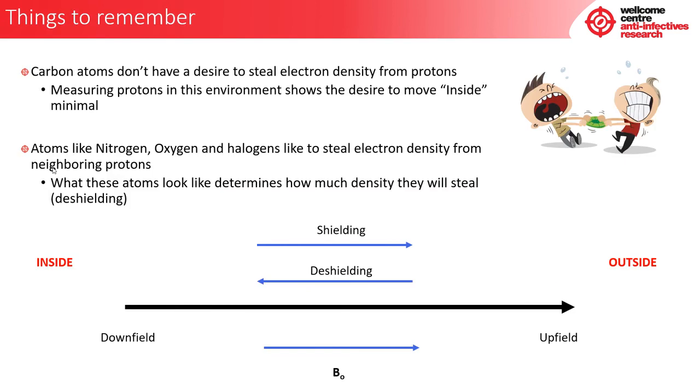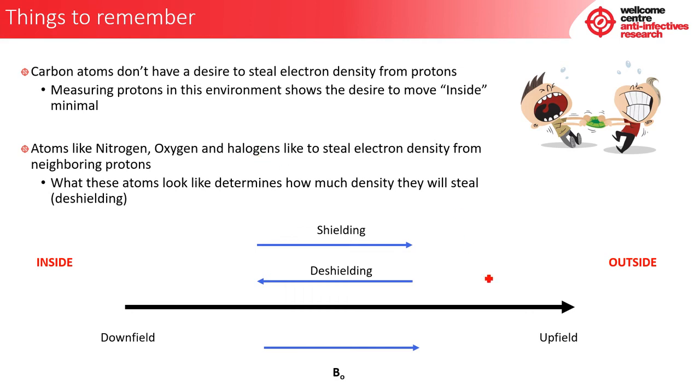So the things that you must remember before you start interpreting your spectra. Carbon is totally neutral in this case. So just think of it as it doesn't have the desire to steal anything from anybody. And in doing so, it doesn't influence where your peak starts to fall in relation to your spectra located at the bottom. Atoms, however, like the electronegatives, nitrogen, oxygen, and even some halogens, like to steal electron density from their neighbouring protons.